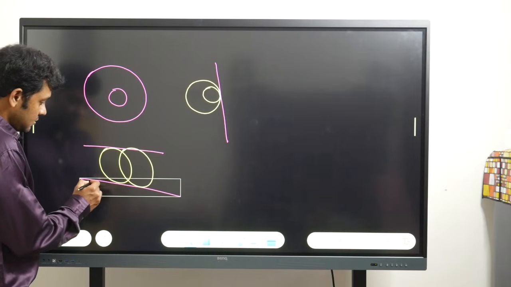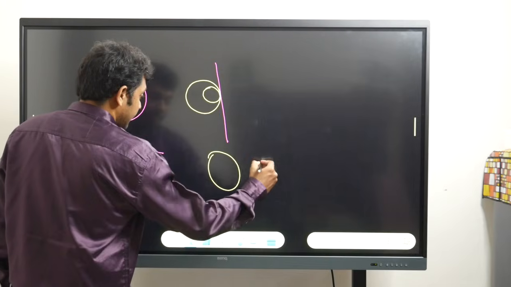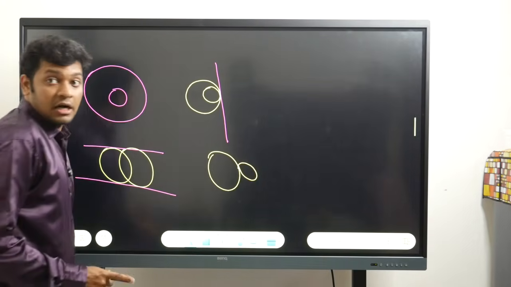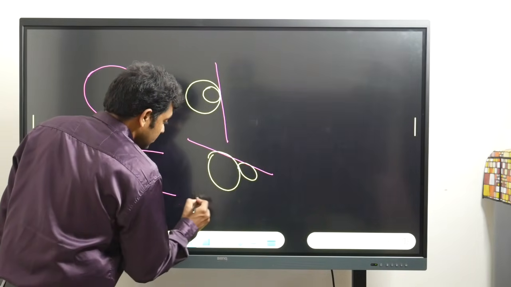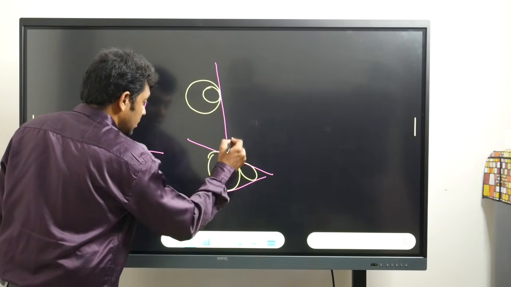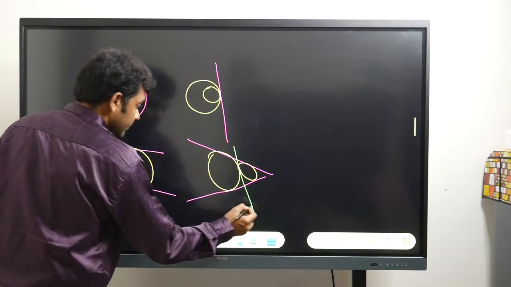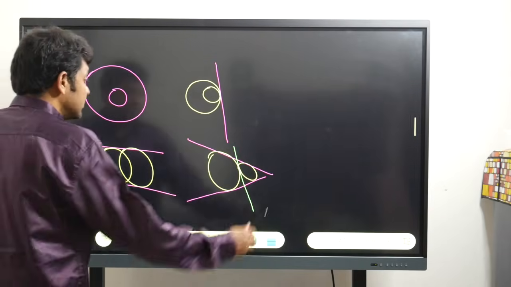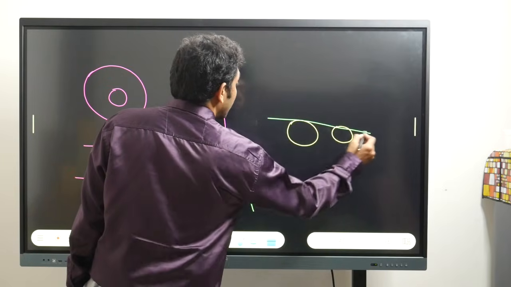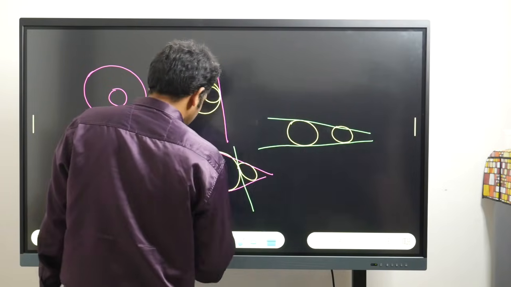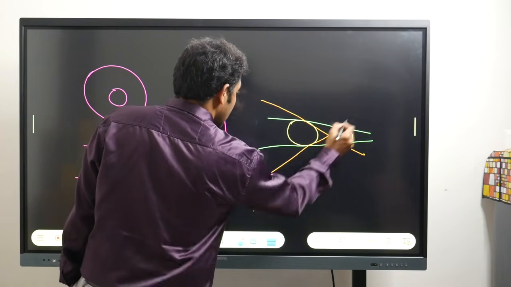Two circles touching outside, we'll have three common tangents. One goes like this, another goes like this, and the third common tangent is inside like this. For two circles not touching and not intersecting, outside each other, we'll have four common tangents: 1, 2, 3, 4.